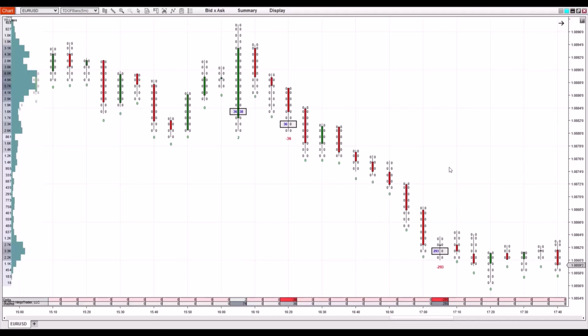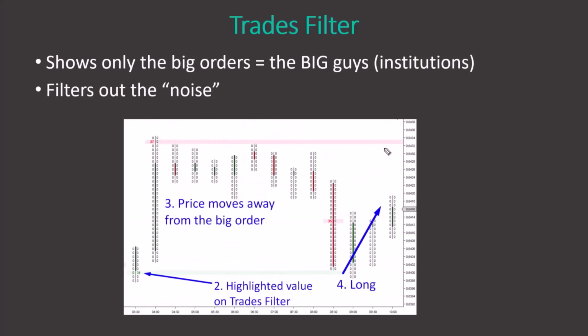But let's get back to the presentation, because I want to show you a setup which is based on those filtered trades. So this is how the setup works, all right? You set the trades filter as I just showed you, and you look for those trades that are left in the market, the footprints of big institutions placing huge orders.